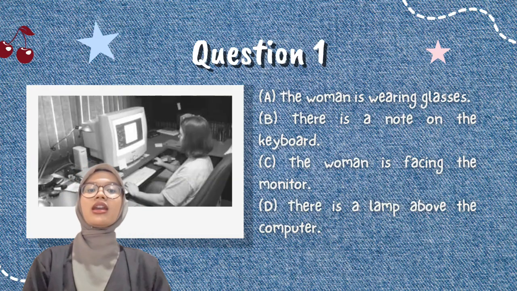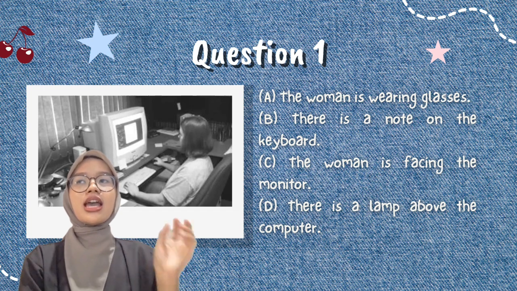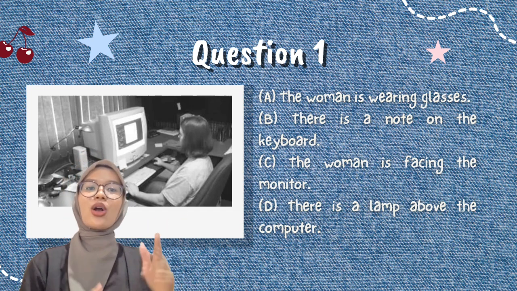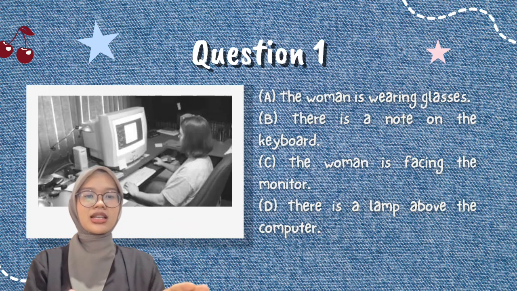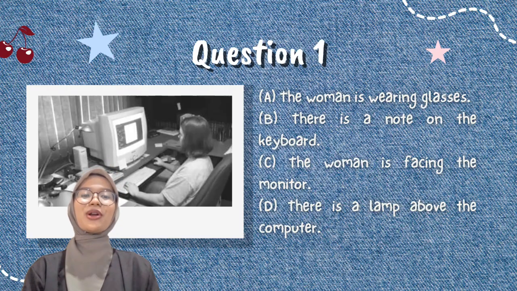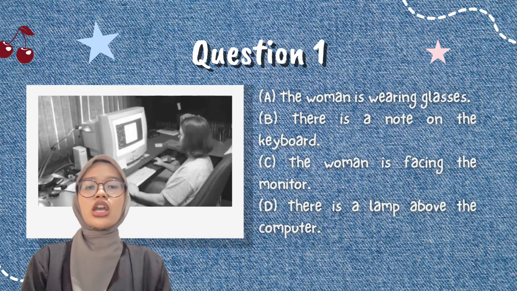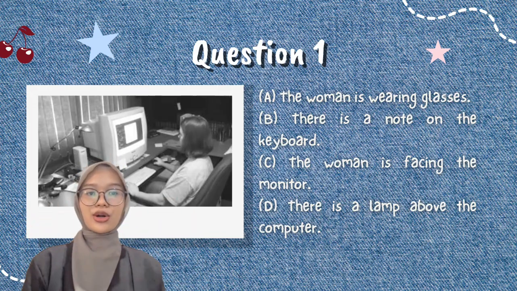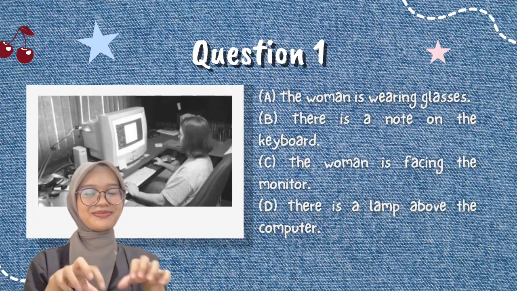Why? Because if you chose A, it's incorrect because the glasses are on the table. Placement of objects is a common distraction in part 1. If you choose B, it's incorrect because the note is on the monitor, not the keyboard.